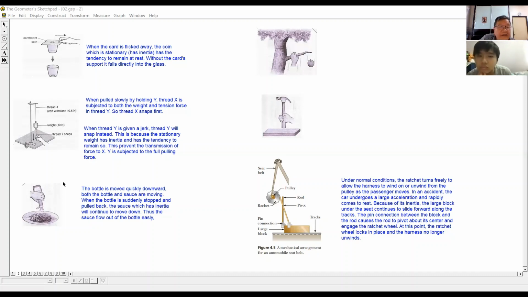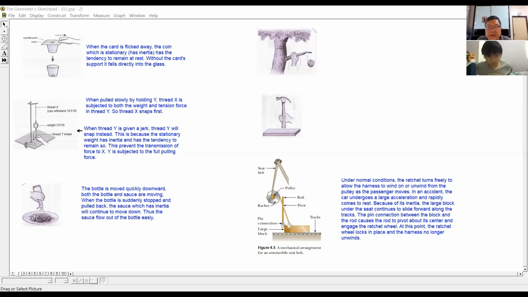Then, to your surprise, although you give this string a jerk, the string at the top didn't snap, but the string at the bottom will break.